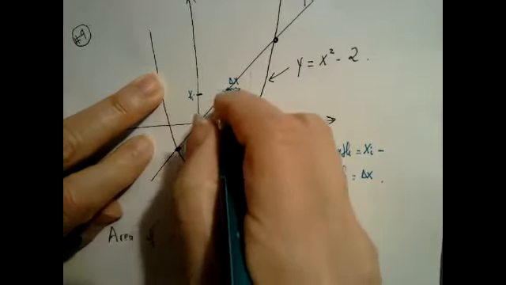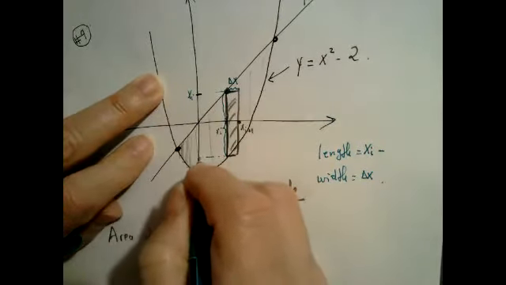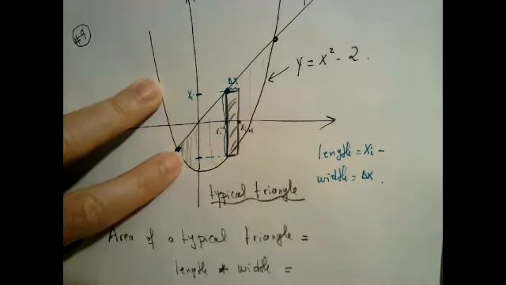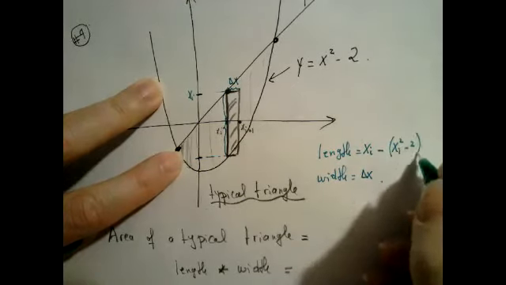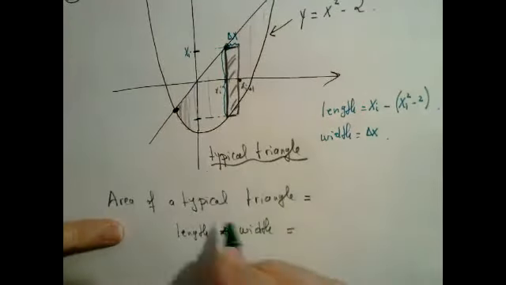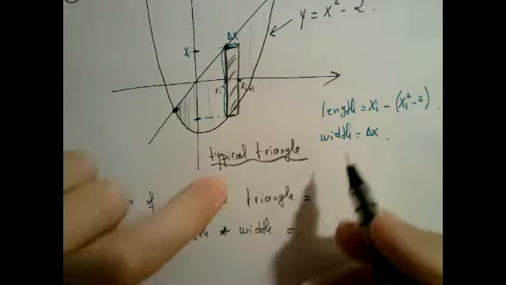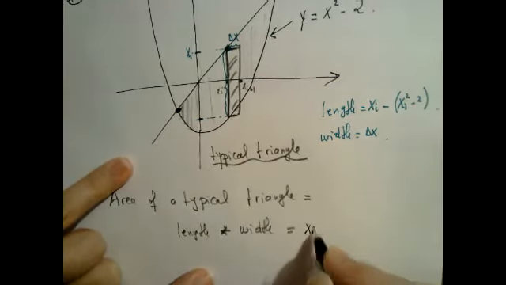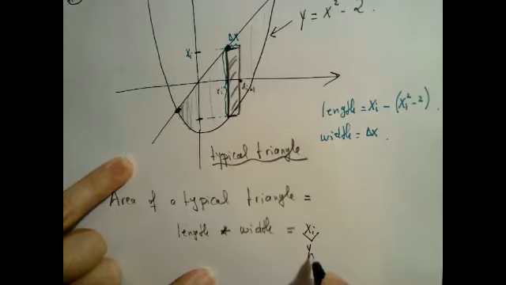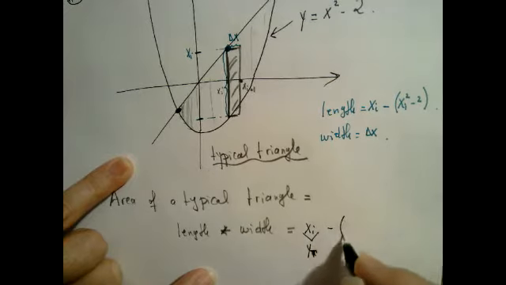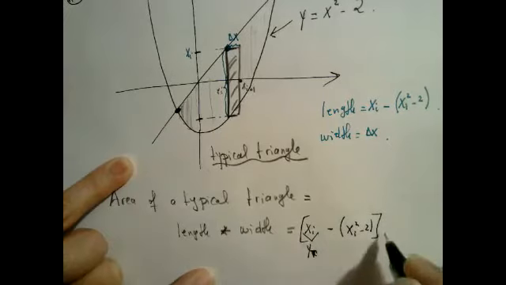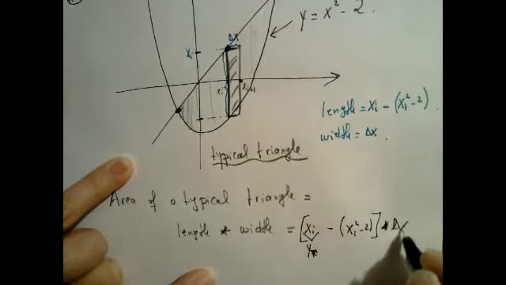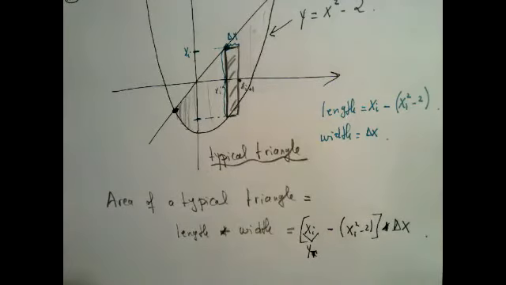Meaning if this is xi, from here to here is xi, take away the value at the lower function, which is xi squared minus 1. So the area of every rectangle is going to be the upper value, or the top value, I called it top yesterday, minus the value at the bottom curve, times the delta x, which is the width. So that's a typical rectangle.